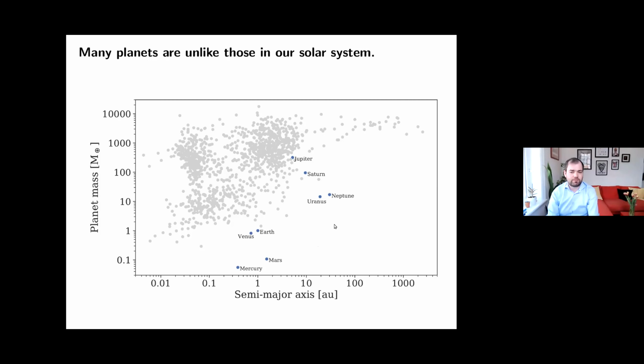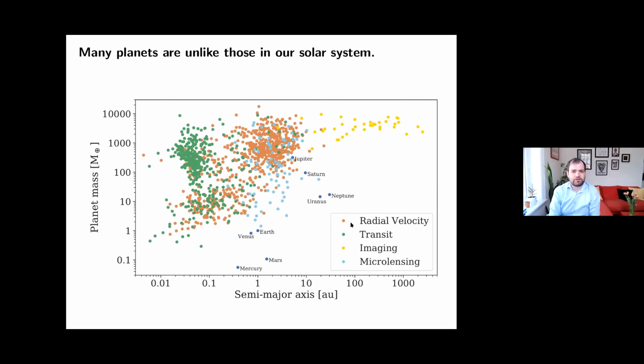And that's made more clear perhaps if we color code this same plot by detection methods. And so these planets are detected by 4 main different methods. With imaging, that's directly imaged planets, where we filter out the starlight to just see the planets, giant planets at long periods. There's the micro-lensed ones here, kind of spanning a wide range of masses at sort of intermediate distances to their star.